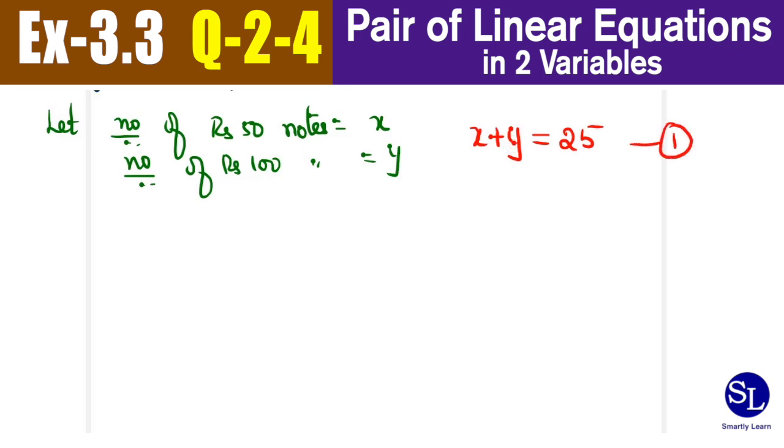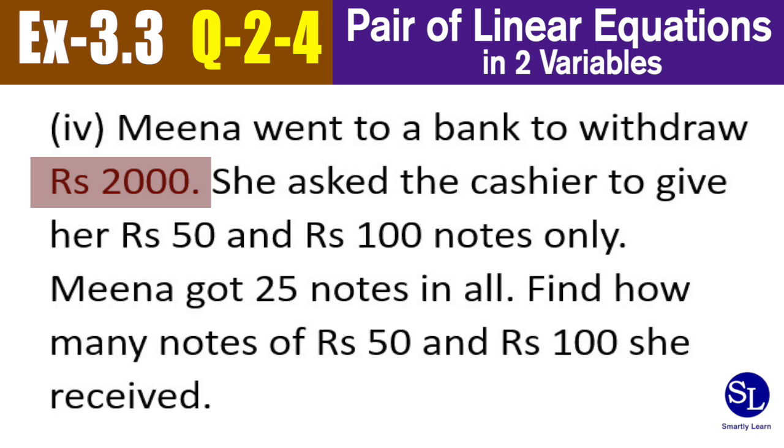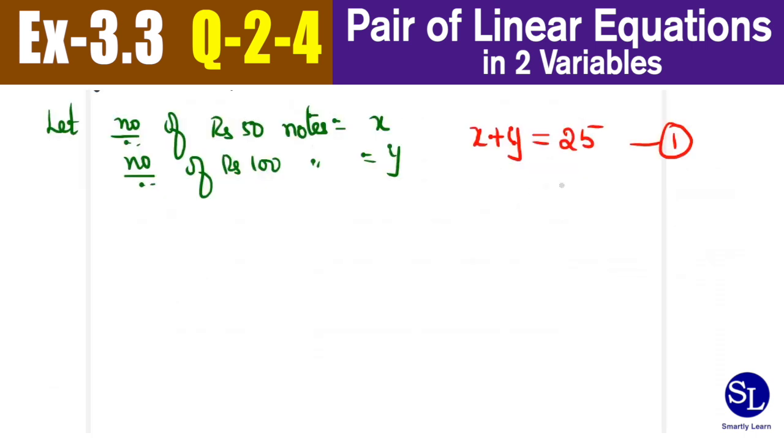Now the second equation: we know that she had withdrawn rupees 2000. So whatever be the number of 50 rupee notes or the 100 rupee notes, when you add up all the amount, she had withdrawn rupees 2000. The value of 50 rupee notes she would have got is nothing but 50x.